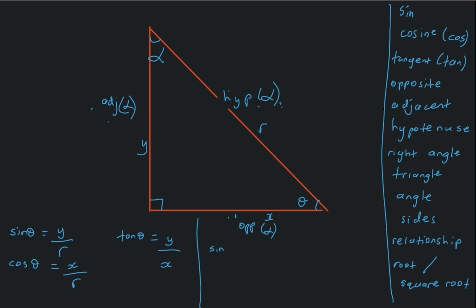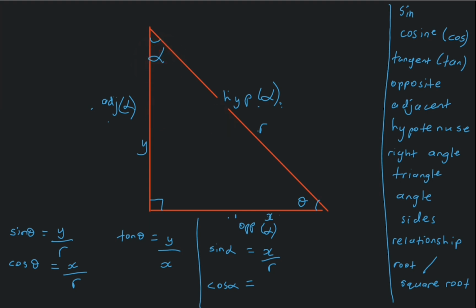And so the sine of alpha is equal to the opposite, which is x, divided by the hypotenuse, which is r, okay? The cosine of alpha is equal to the adjacent divided by the hypotenuse.